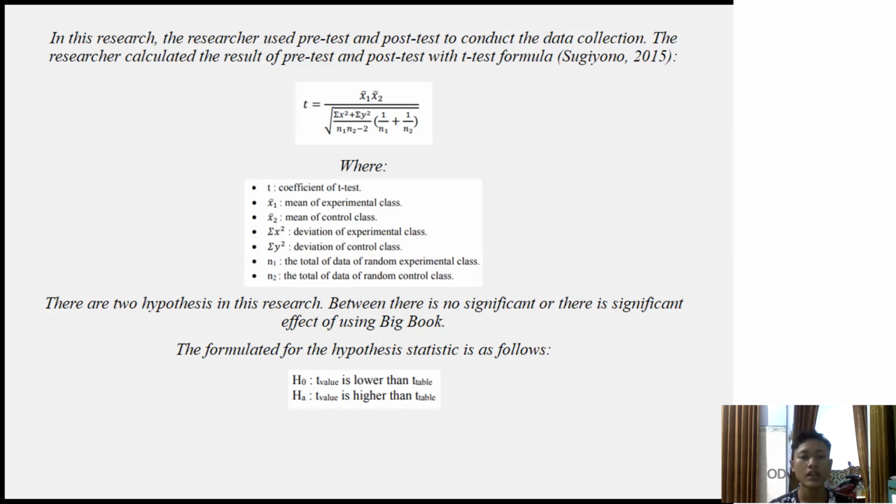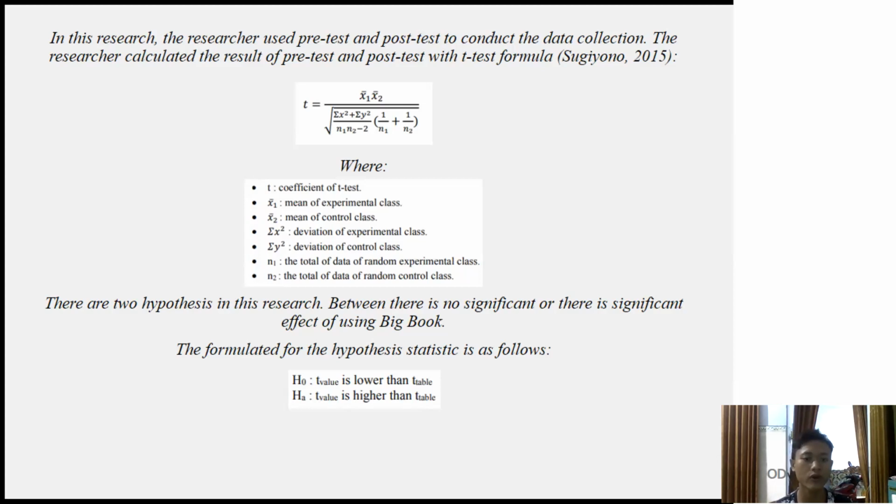All right. In this session, there are two hypotheses in this research: there is no significant effect, or there is a significant effect of using a big book. If you are curious about the formula, you can see this PPT.